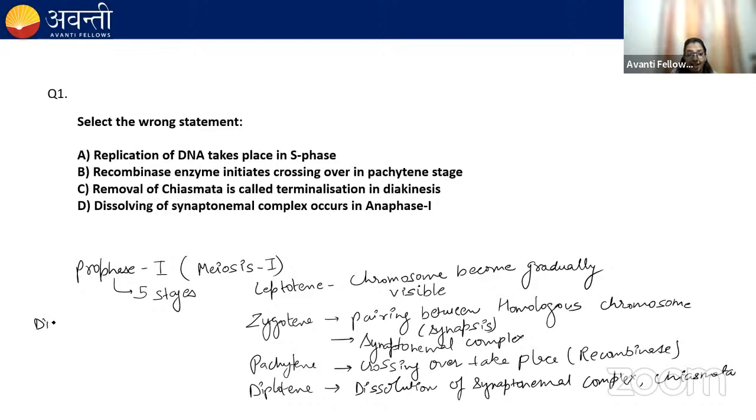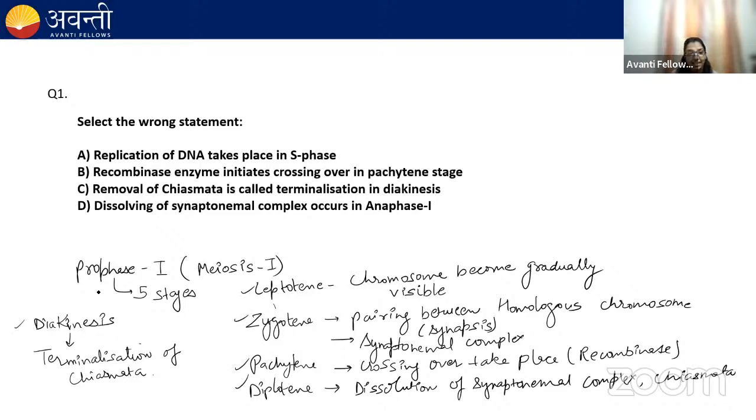Last stage is diakinesis. In this stage, terminalization of chiasmata occurs and the chromosomes get separated. So these are the 5 stages of prophase 1 of meiosis 1.